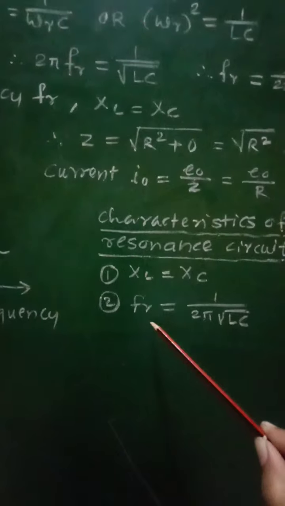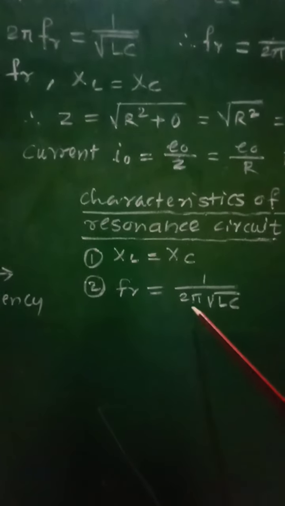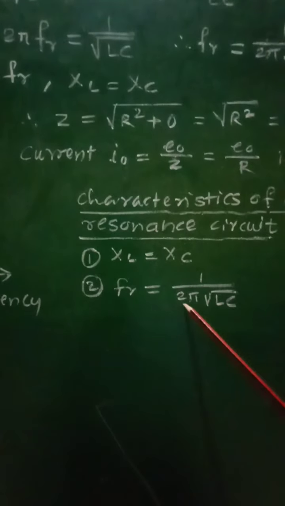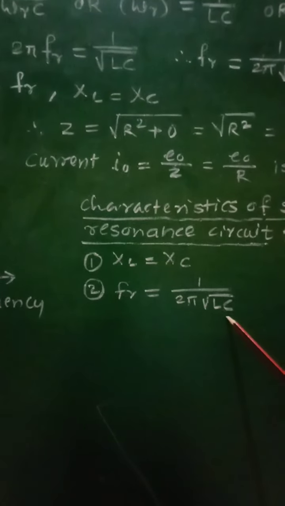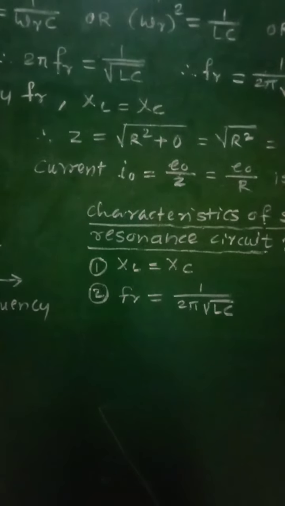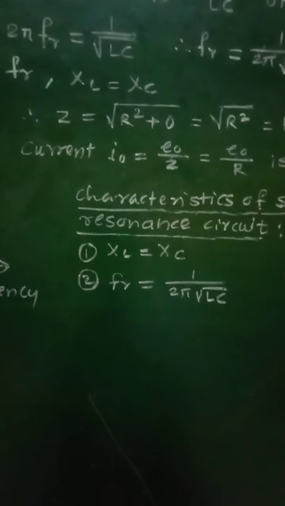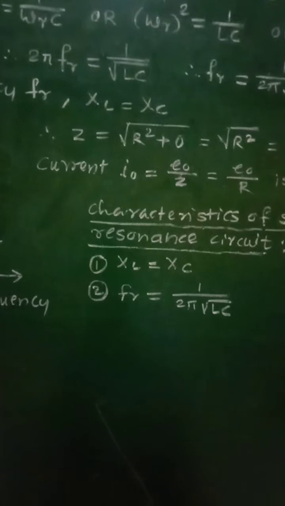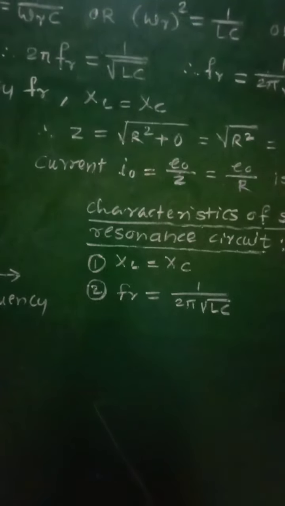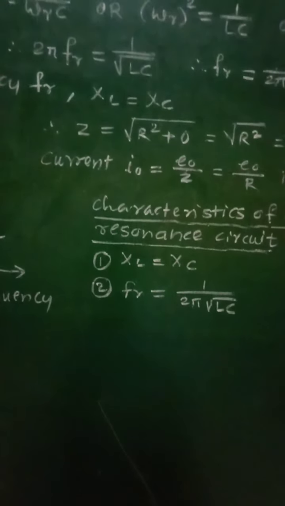Second, the resonant frequency fr is equal to 1 by 2 pi root LC. Third, impedance is minimum and the circuit is purely resistive, as Z is equal to R. Therefore, we can say that the impedance of this circuit is minimum and the circuit is purely resistive.